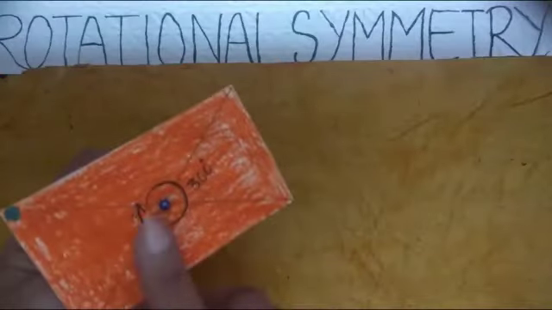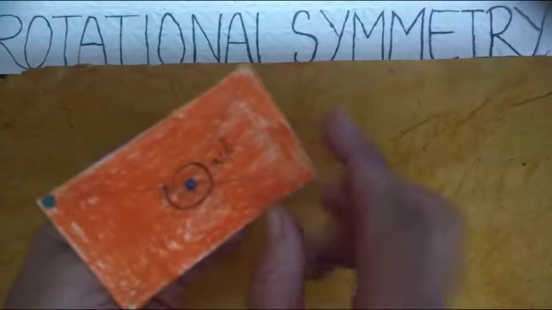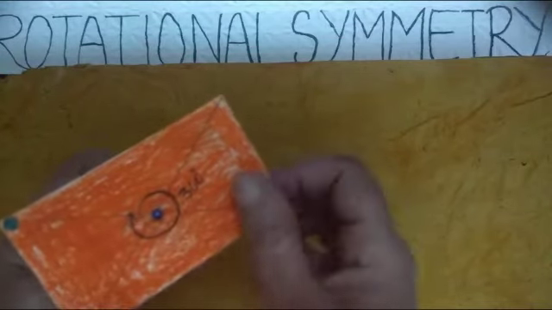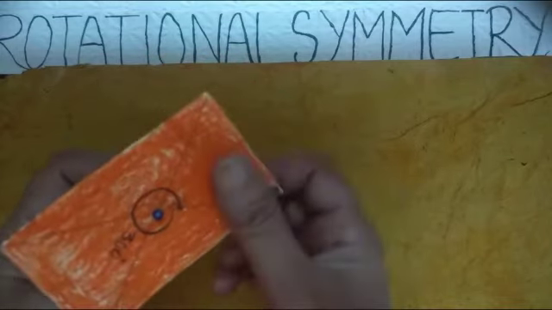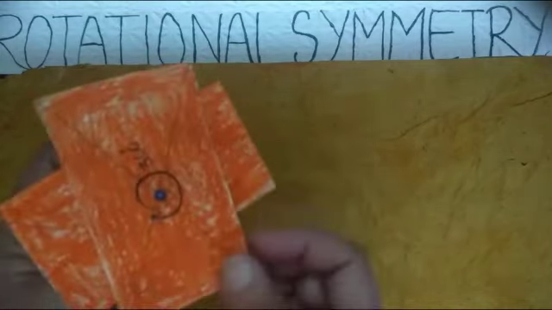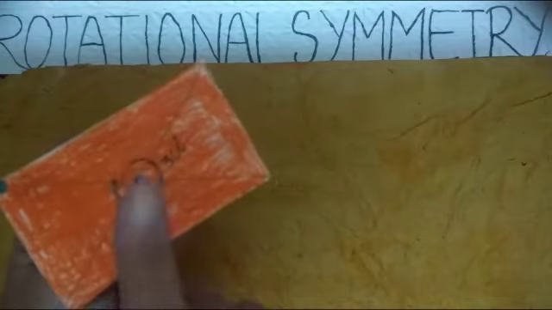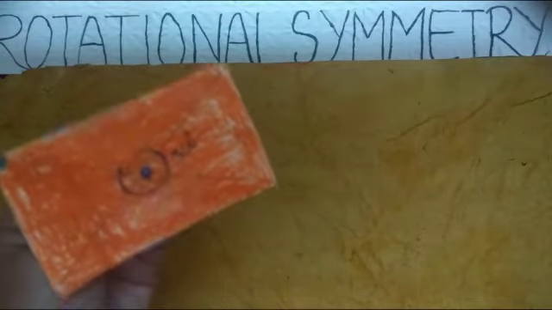We know that any shape, when turned around a fixed point, covers an angle of 360 degrees in one complete journey of rotation, and this fixed point is called center of rotation.